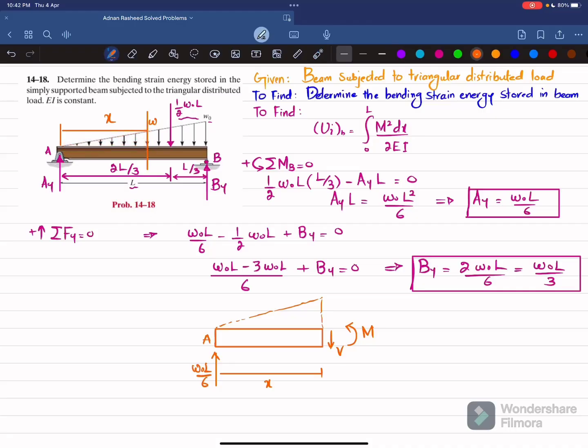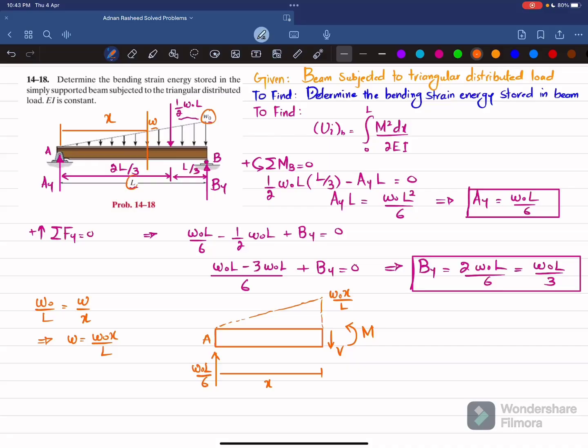So by using this ratio, W naught over L is equal to this W over the length over which it acts, which is x. So from here this W will be equal to W naught x over L. So here the magnitude is W naught x by L.